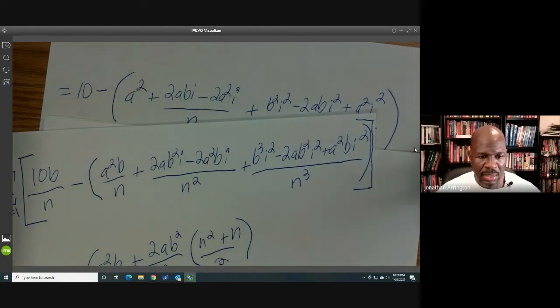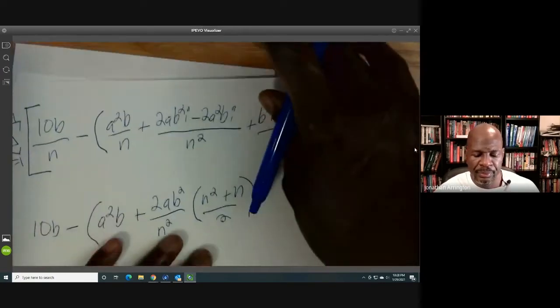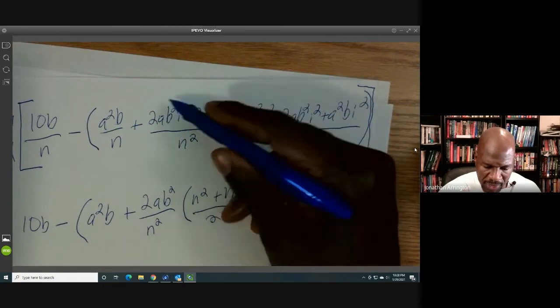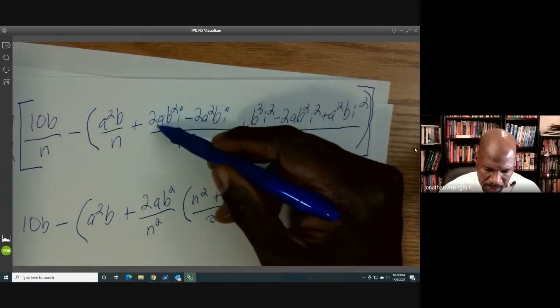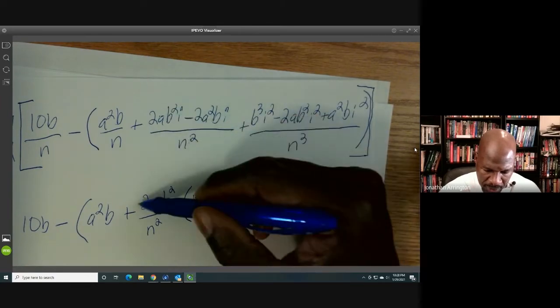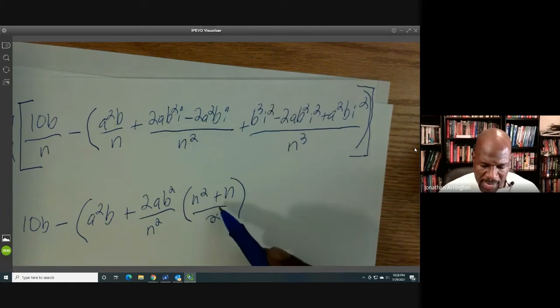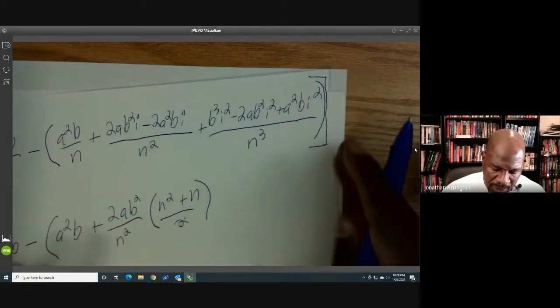And if you look at what transpired here, I was just doing this part of this fraction, and basically I have 2ab squared over n squared, and then you have the i, and the i just turns into this when you sum it. So the same thing is going to happen for the other half of that fraction.